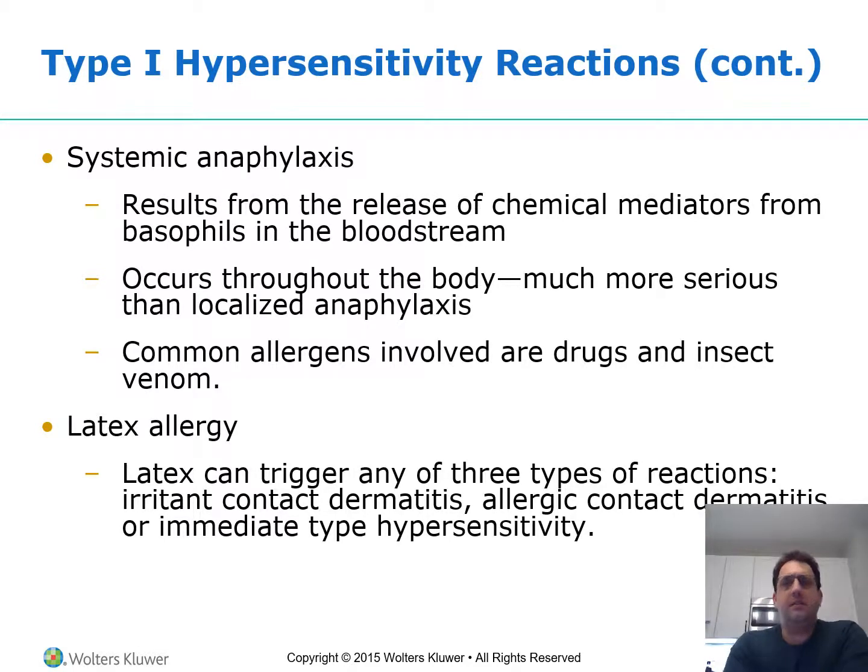Like I said, systemic anaphylaxis results from the release of chemicals from basophils and causes a body-wide reaction. Insect venom, drugs, for some people, shellfish or peanuts will do this. Latex can trigger any of those reactions, either contact dermatitis, allergic contact dermatitis, or even anaphylaxis.